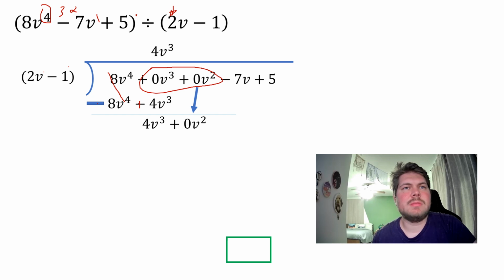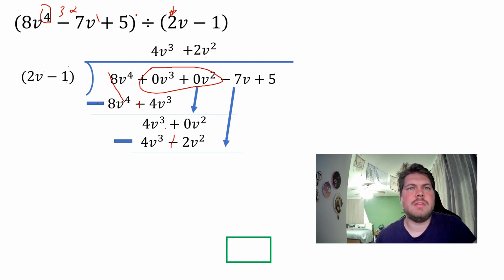So then how many times does 2v go into 4v^3? Well, we need 2 more v's, so it's going to be v squared. And to get 2 to 4, we'd multiply by 2. So 2v squared. 2v squared times 2v gives you 4v^3. 2v squared times negative 1, though, gives you negative 2v squared. Remember, we're going to subtract these, so the minus minus makes it plus.